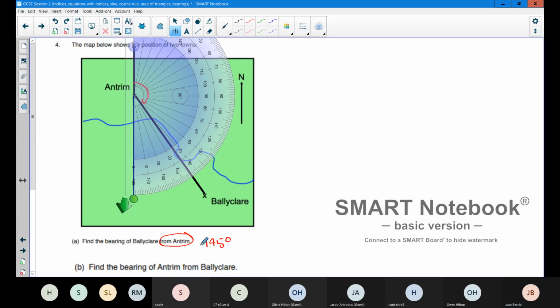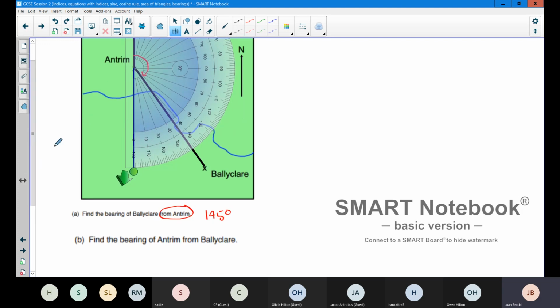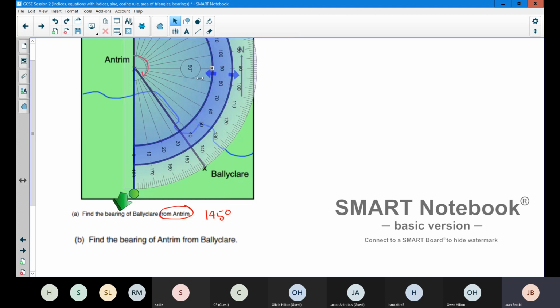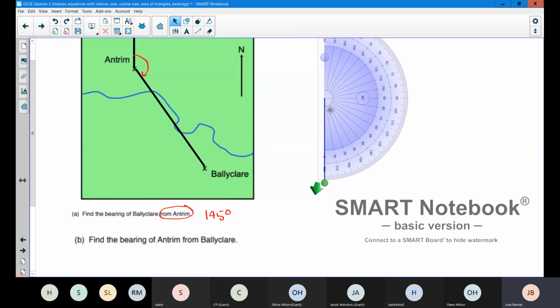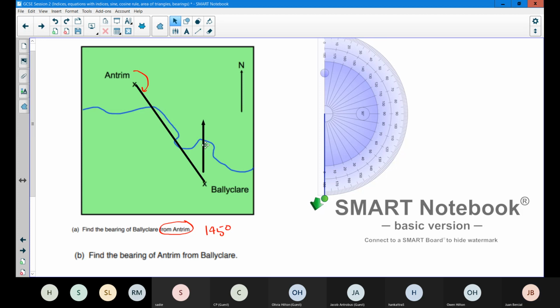And then find the bearing of Antrim from Ballyclare. The important thing is to know what angle is the one I'm after. It's from Ballyclare, so I want this one in here.